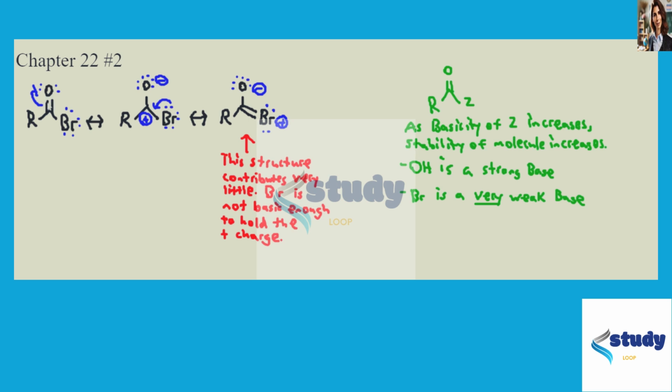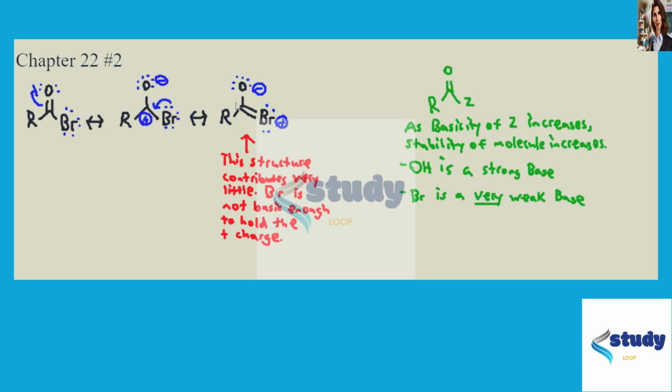So there's not a total double bond between the carbon and oxygen, and there's not a total negative charge on the oxygen or a total positive charge on the carbon, etc. Rather, all of the individual molecules of this type exist as a hybrid between these three structures.